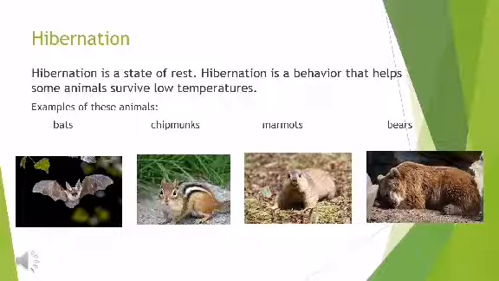Hibernation is a state of rest. So the animal is inactive. It is at rest. Hibernation is a behavior that helps some animals survive low temperatures, usually in the winter. These are examples of hibernating animals: bats, chipmunks, marmots, and bears.